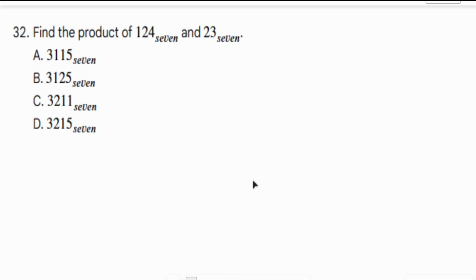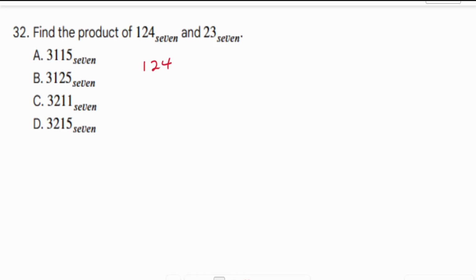I'm not saying one hundred and twenty-four and twenty-three because it's not in base 10. I'm going to use two approaches to solve this problem. The first one will be to do the multiplication directly in base 7. And the second option will be to convert to base 10, do the multiplication, and then convert back to base 7.